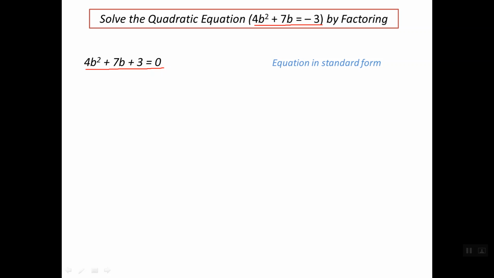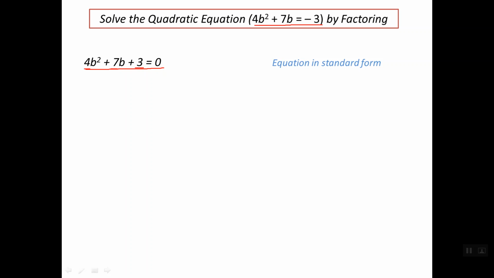As you see here, there is no common factor between the three terms. So the value of a is equal to 4, the value of b is equal to 7, and the value of c is equal to 3. So as per the solution for the equation ax squared plus bx plus c, we multiply a by c.